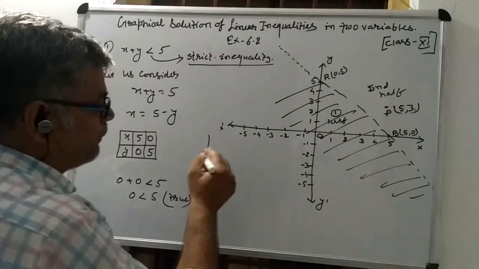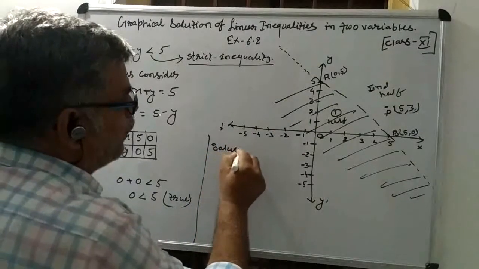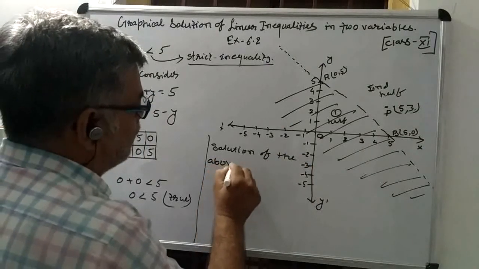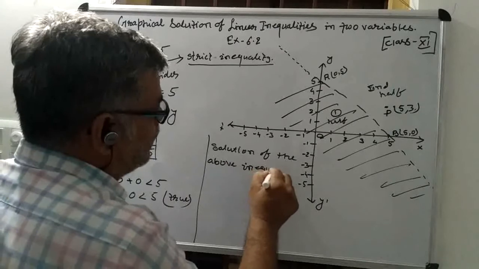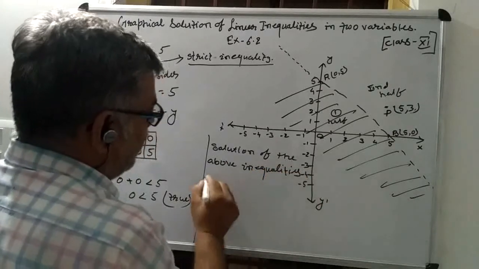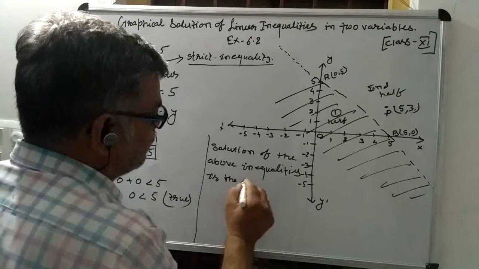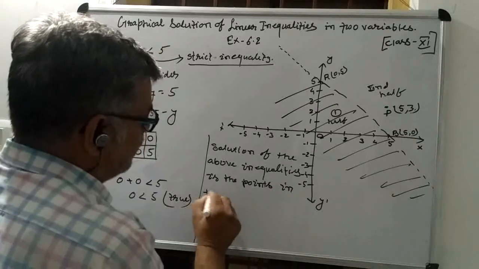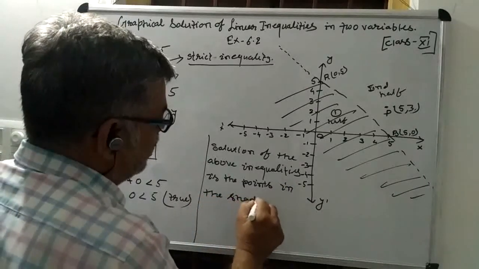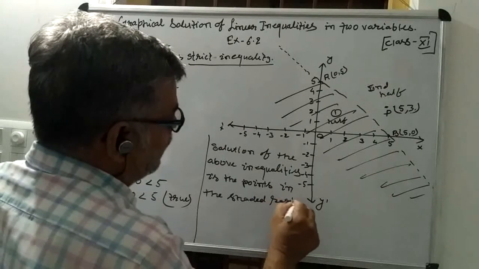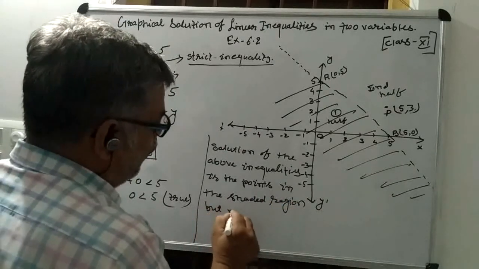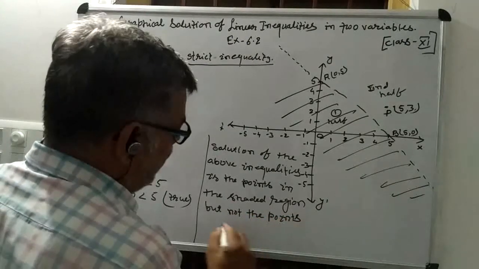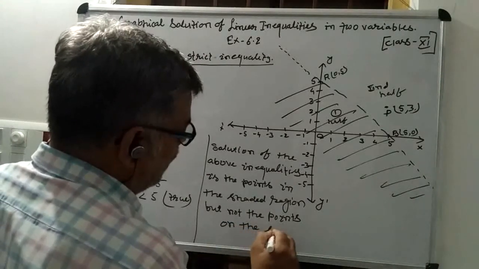So the solution of the above inequalities is the points in the shaded region, but not the points on the line AB.